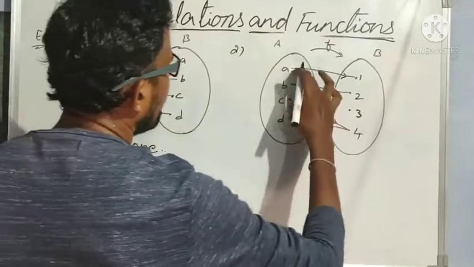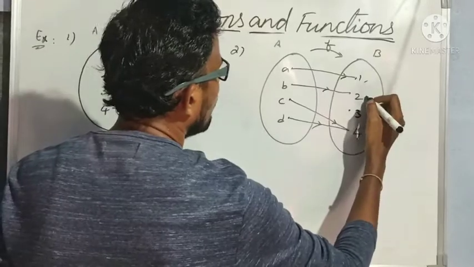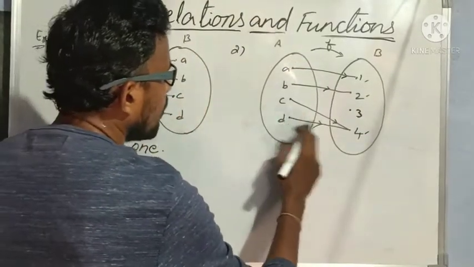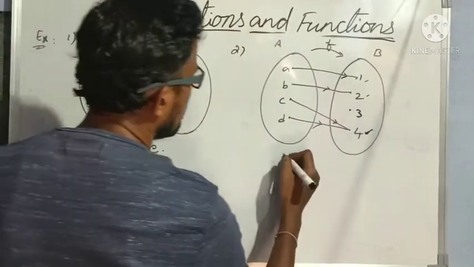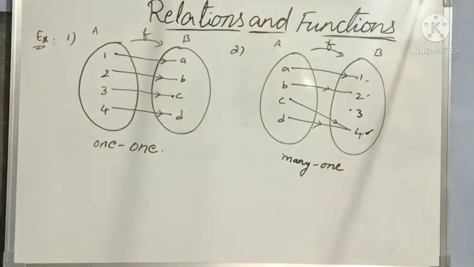So here every element of A is mapped and has one and only one image. But here C and D are mapped to the same element 4. So such a function is called many-one function.